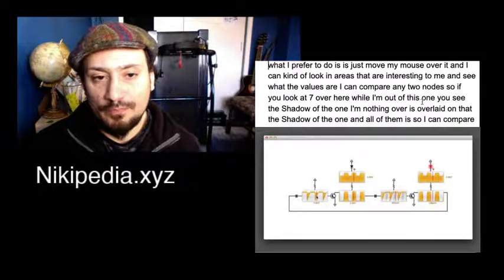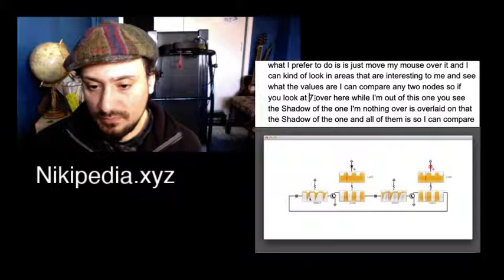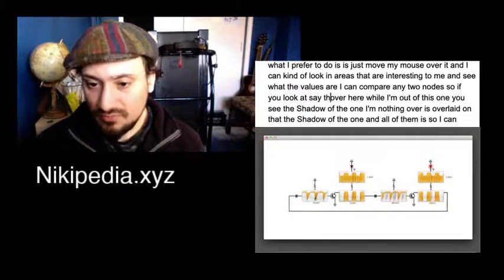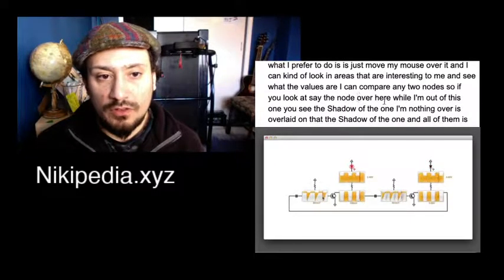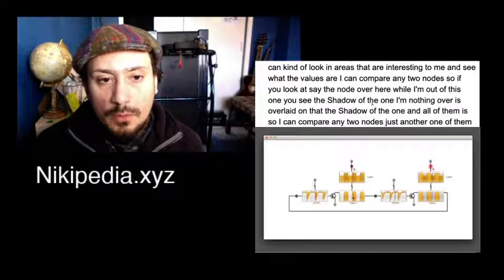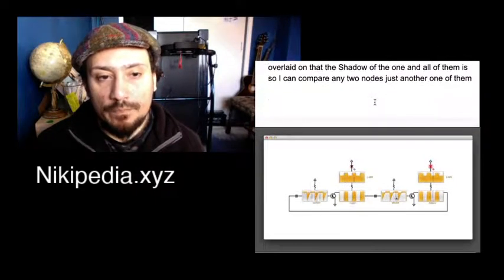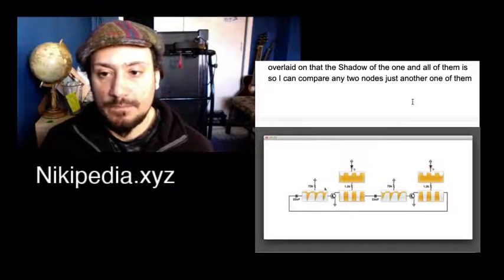I can compare any two nodes. So if you look at, say, the node over here, while I mouse over this one, you can see the shadow of the one I'm mousing over is overlaid on that. The shadow of the one I'm mousing over is actually overlaid on all of them. And so I can compare any two nodes just by mousing over one of them and looking at the other one. And again, I can immediately see the results of my changes.